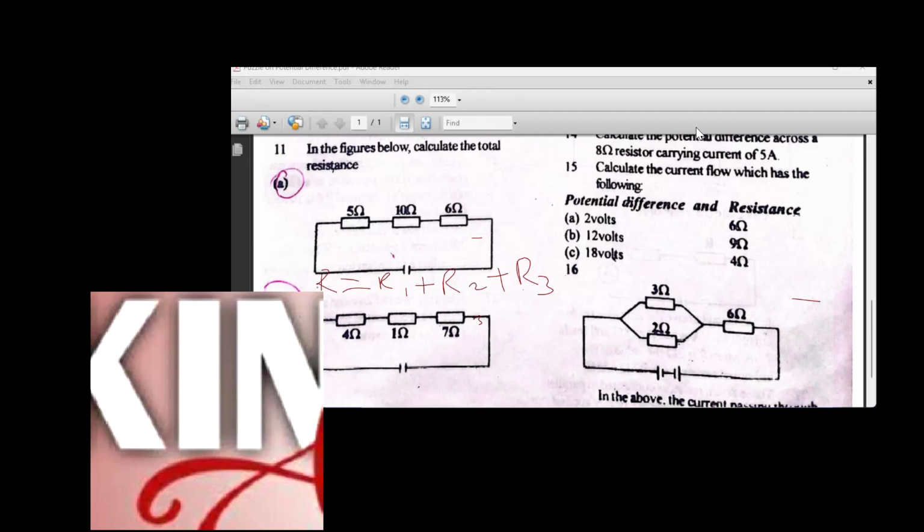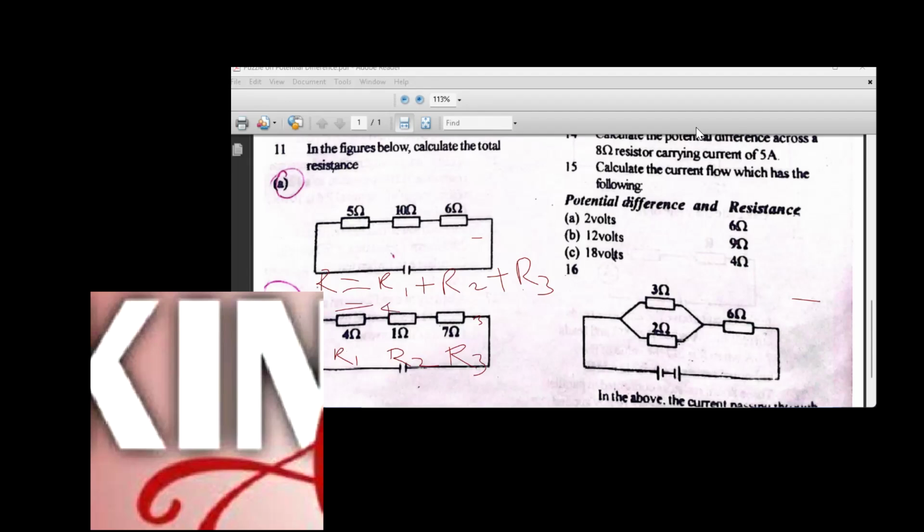We have our first resistor, R1, to be 4 ohms, our second resistor, R2, to be 1 ohm, and our third, the last but not the least, R3, which is the 7 ohms resistor.